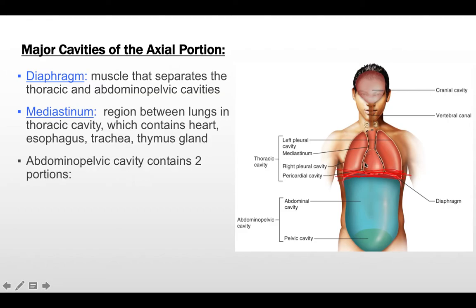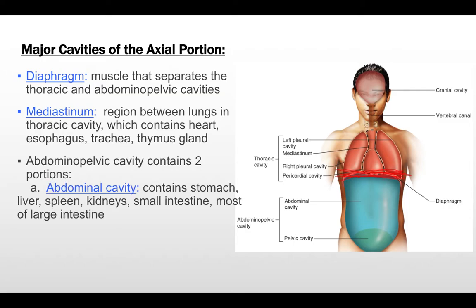We said your abdominal pelvic cavity contains two portions. So the much larger superior abdominal cavity up here in light teal has your stomach, your liver, your spleen, your kidneys, small intestine, and most of your large intestine. So a lot of the really critical important stuff is in your abdominal cavity.